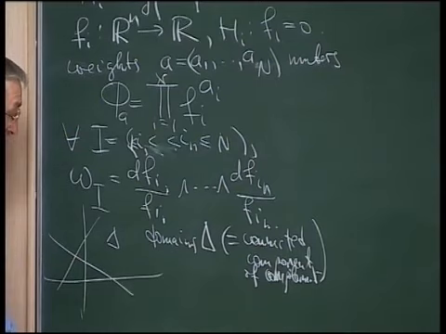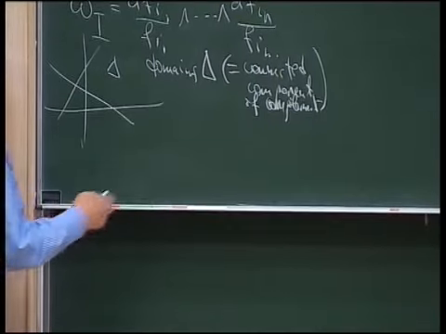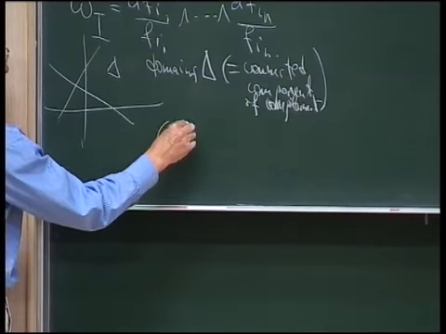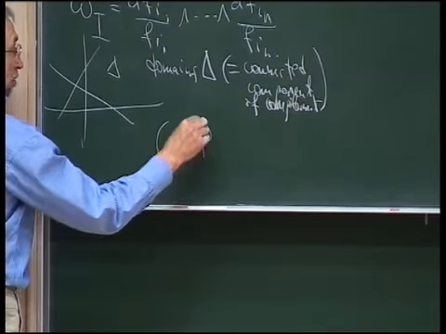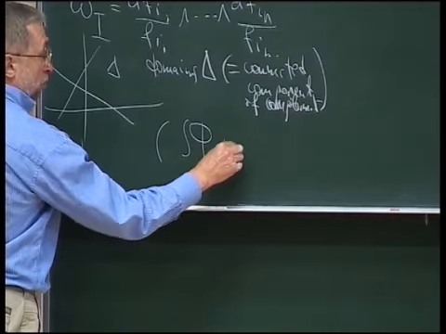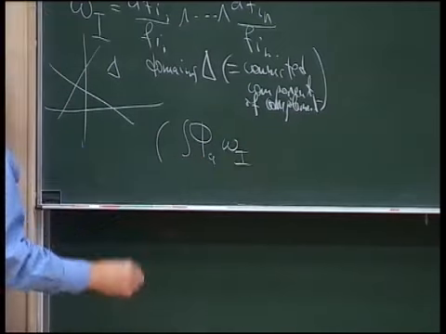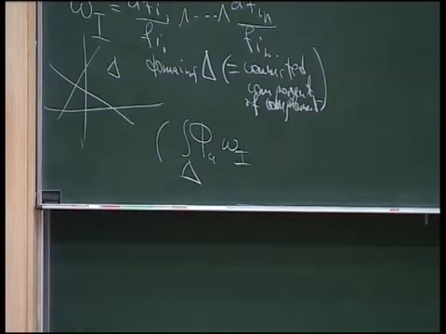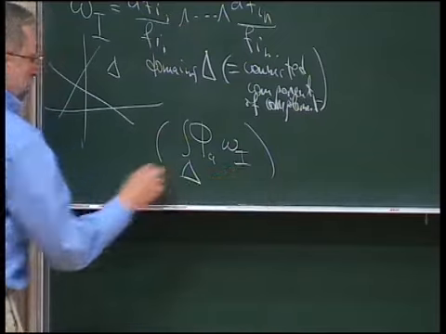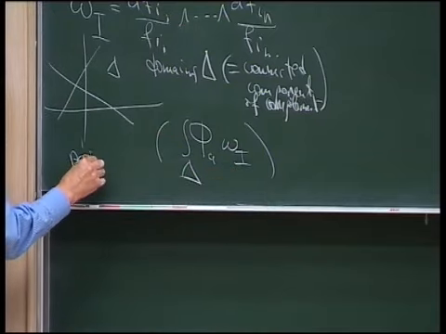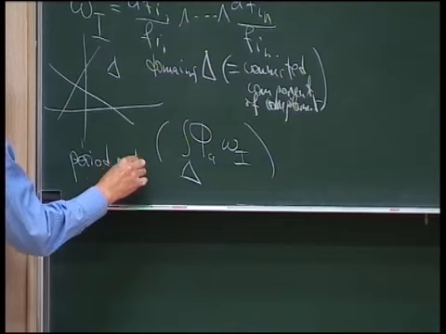And then I will consider the main object, the following matrix. I will integrate this multivalued function phi_a using one of the forms and using one of the domains. And this will be called the period matrix.